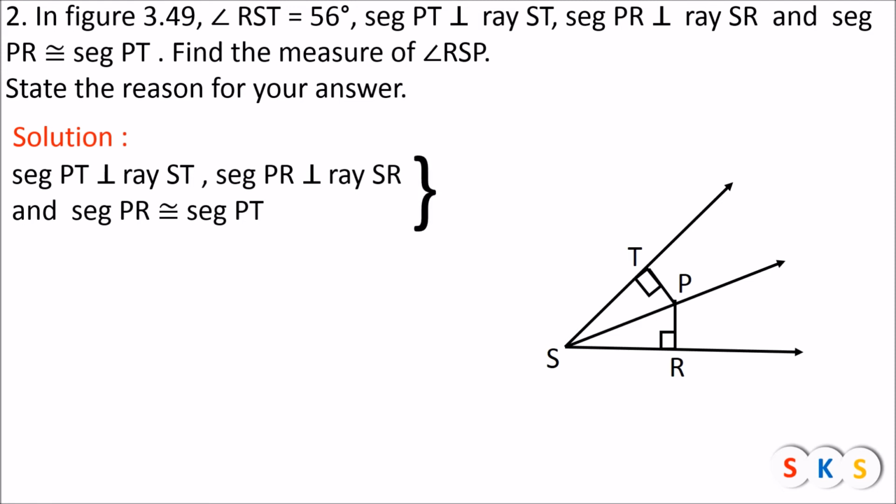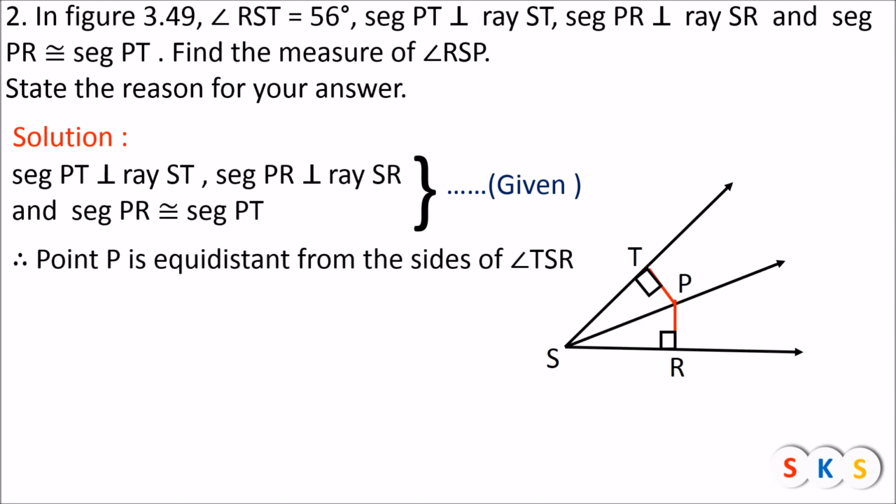That means point P has same distance from side ST and side SR. And if any point has same distance from sides of any angle, then that point will lie on angle bisector. Point P will lie on angle bisector of angle TSR, since PT and PR are equal. It means ray SP is a bisector of angle TSR.